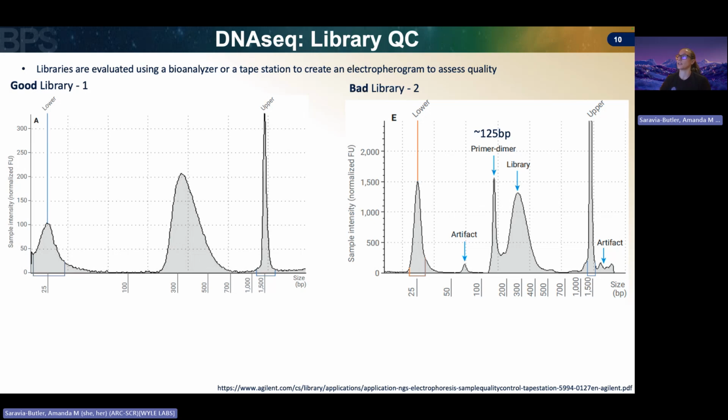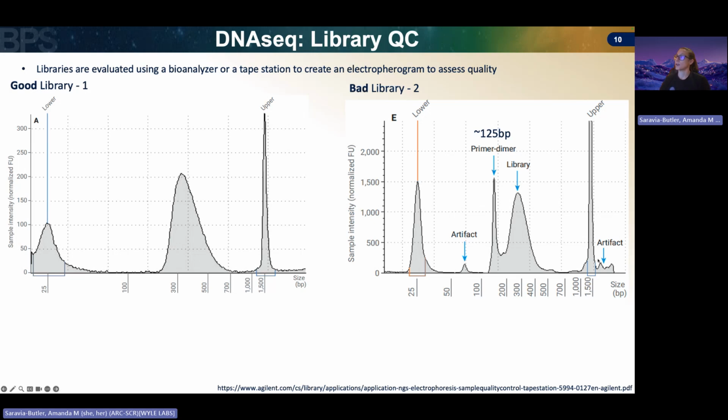The other problematic things in this example of a bad library is we also have this other little peak here at around, looks like around 75 base pairs. That shouldn't be the size of our libraries because we chopped up our libraries at a specific size range. And again, that depends on how you want to sequence your samples. So we should not see any of these low end artifacts.